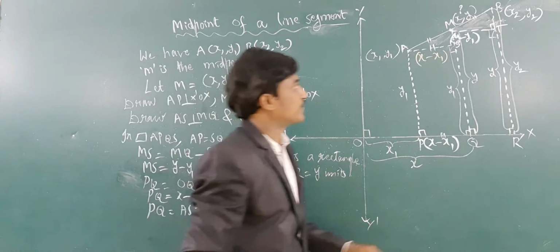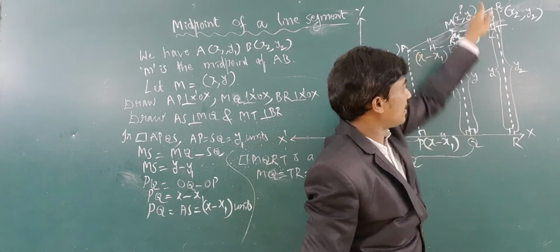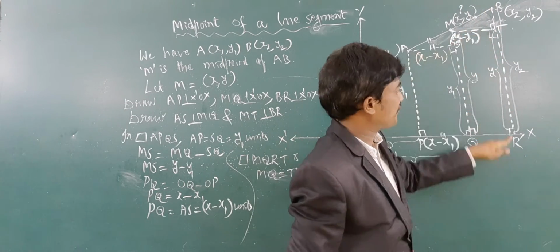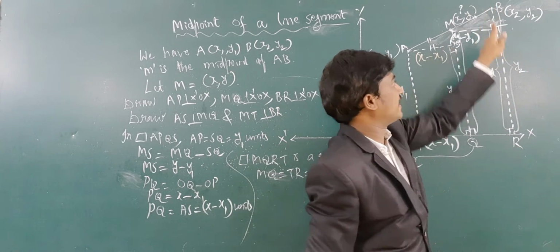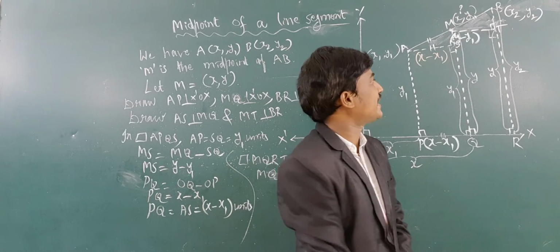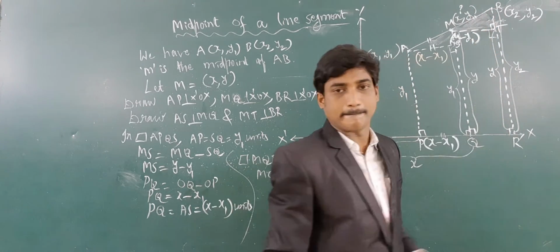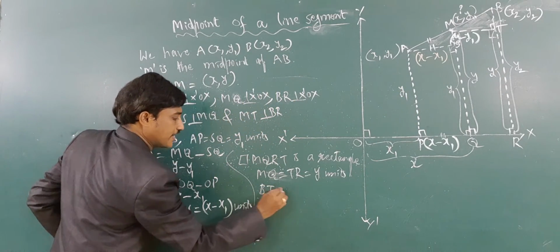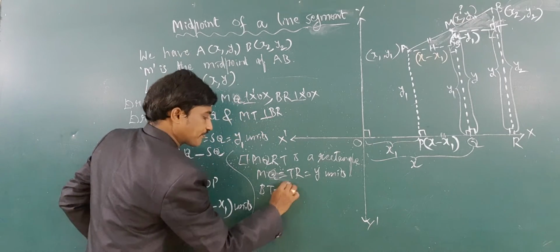From this, if we observe, BR length is y2 units and TR length is y units, so that we can write BT length. BT is equal to BR minus TR.